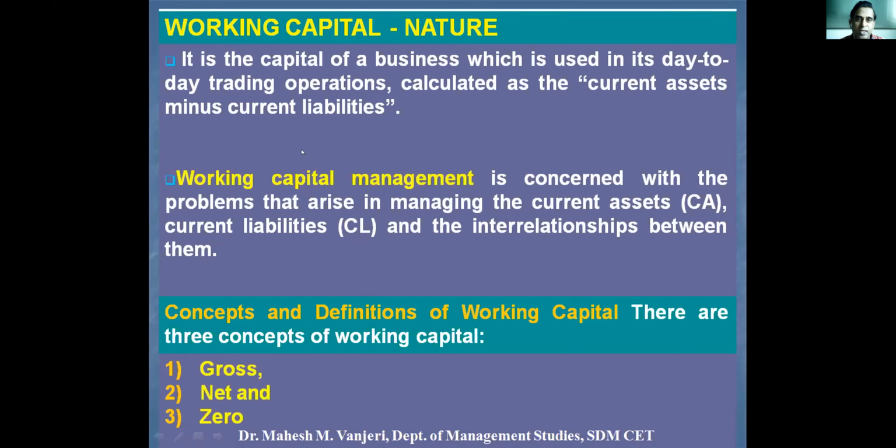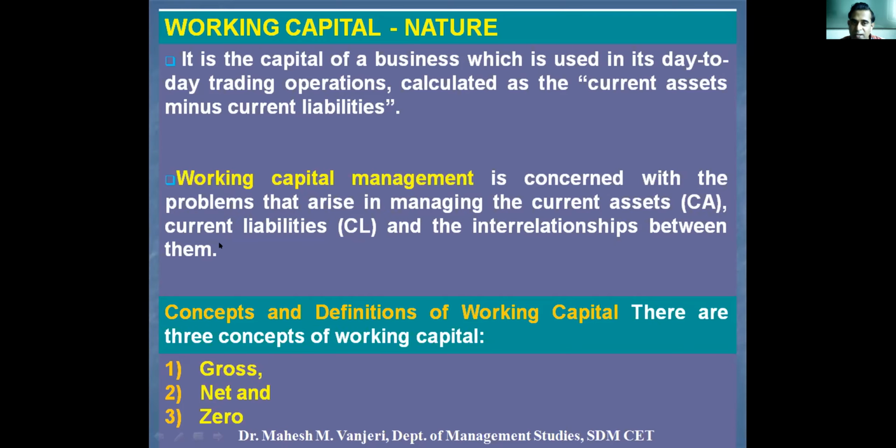So let's go ahead with the nature of working capital. Working capital is the capital of a business which is used in its day-to-day trading operations, calculated as current assets minus current liabilities, as I just mentioned. Working capital management is concerned with the problems that arise in managing the current assets, current liabilities, and the interrelationships between them.